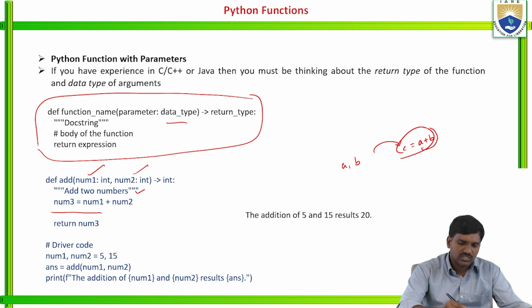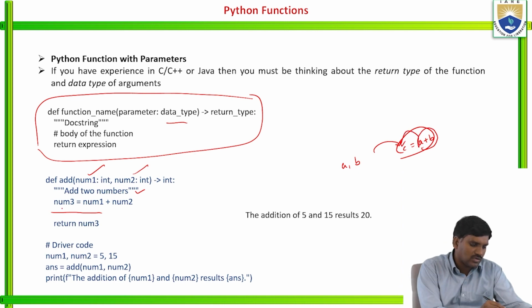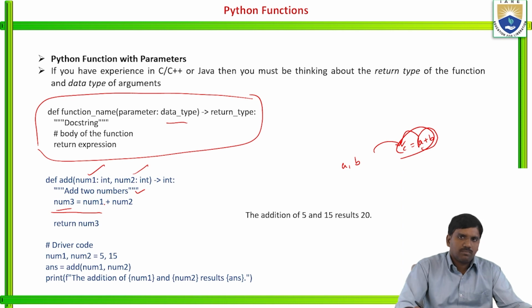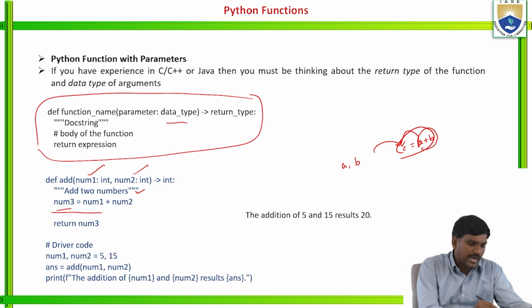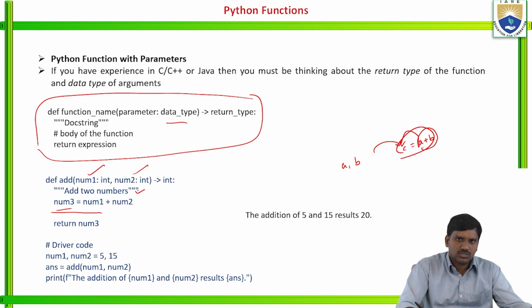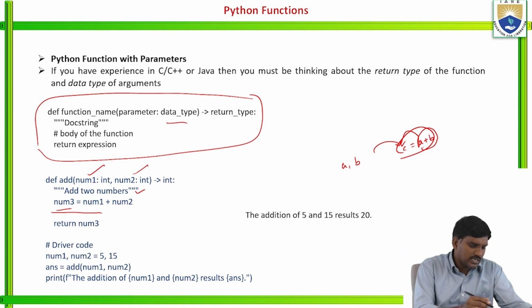The relationship between these two values gives the third value. So number3 equals number1 plus number2, and after executing, you return the value of number3.